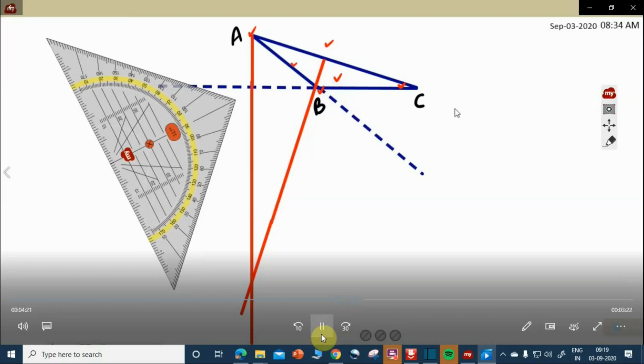So again the set square is required for the purpose. Now I can use the set square to draw it.